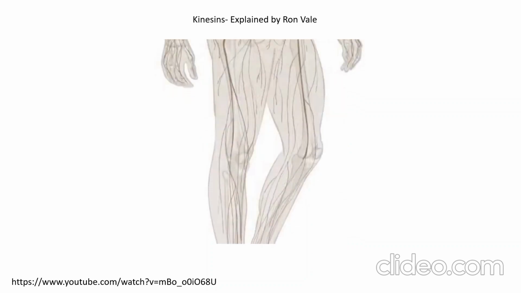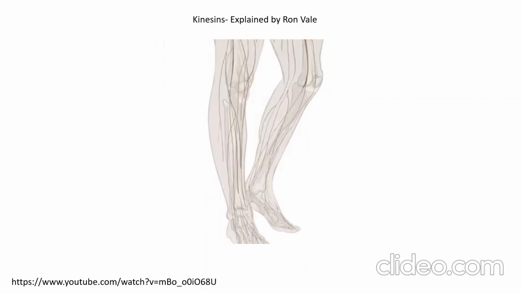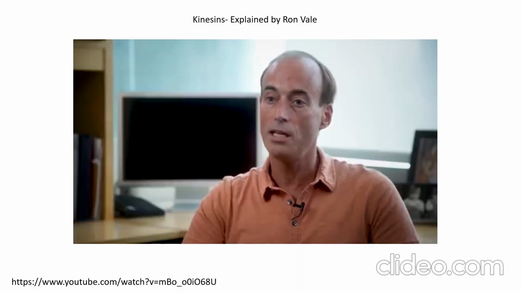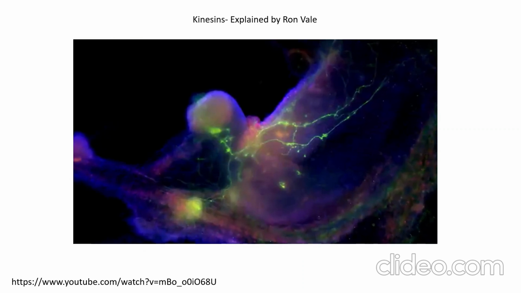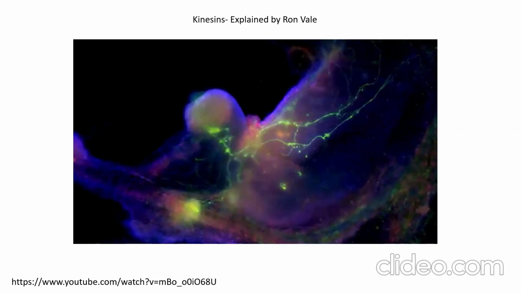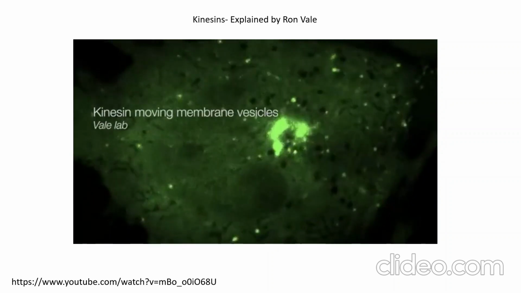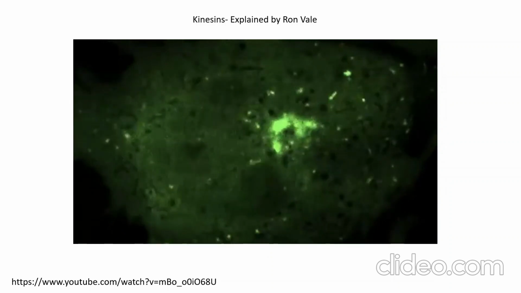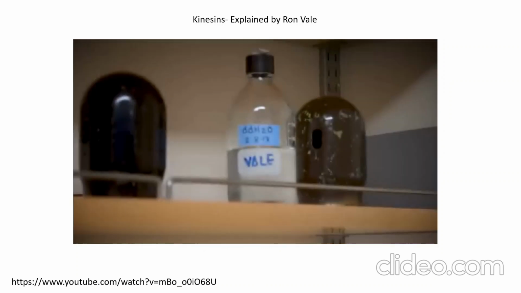But it can extend a very long tube all the way, for example, to your foot. All of the building blocks for that nerve cell are made in your spinal cord, and all those building blocks have to be shipped to the very end of that nerve cell a meter away. There had to be some kind of transport system that was moving these building blocks inside the nerve cell, and I wanted to know how that transportation system worked.